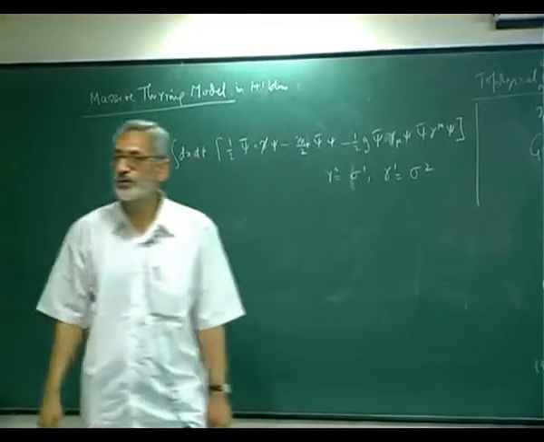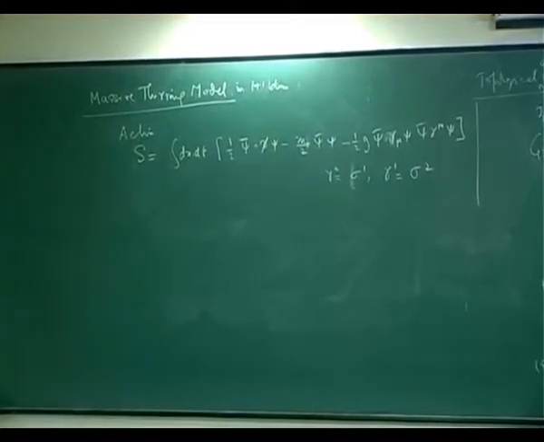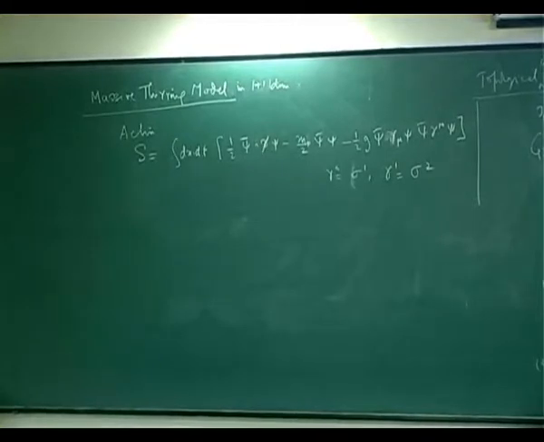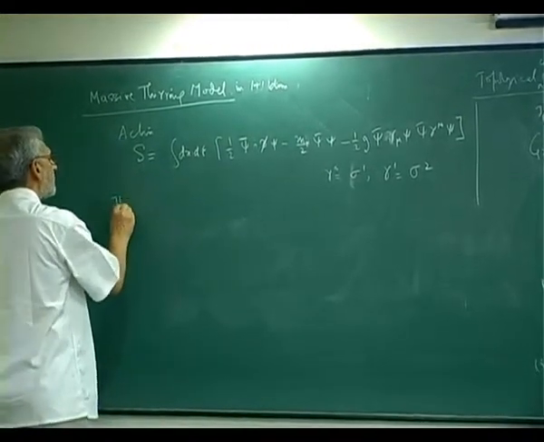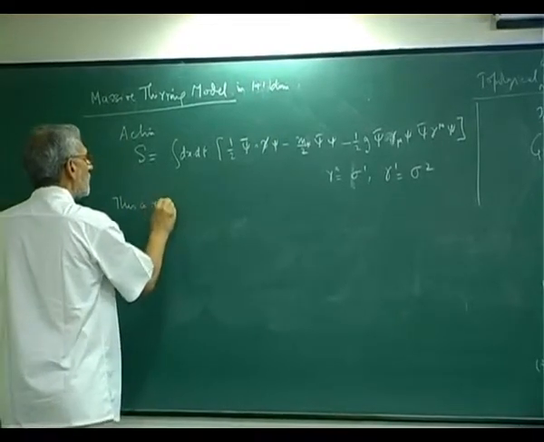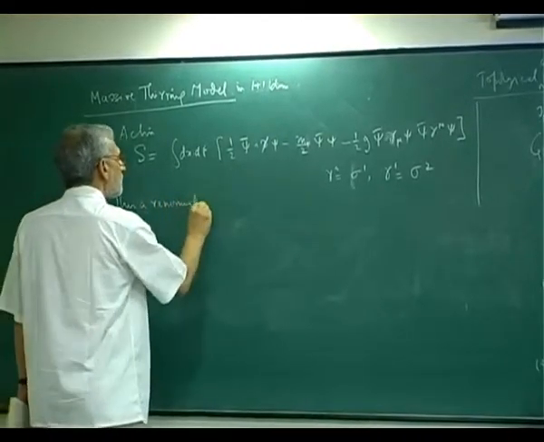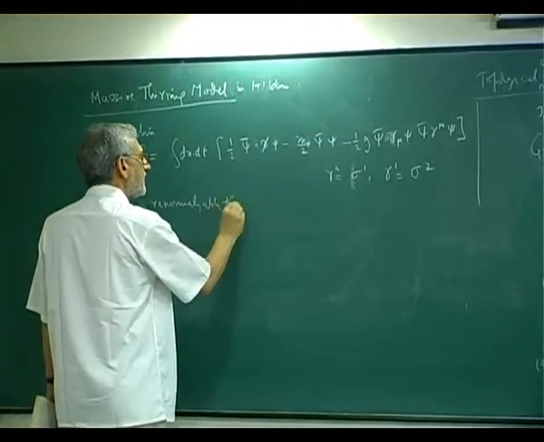The Pauli matrices, first two Pauli matrices, 2 cross 2 matrices. This is a renormalizable theory.